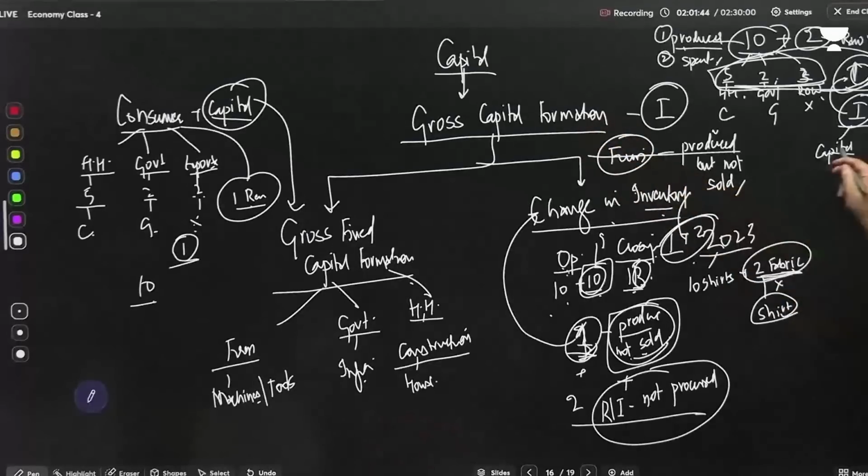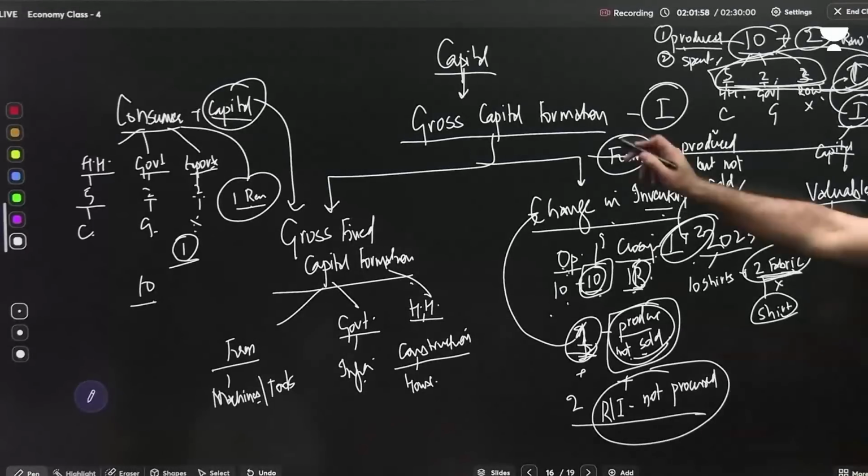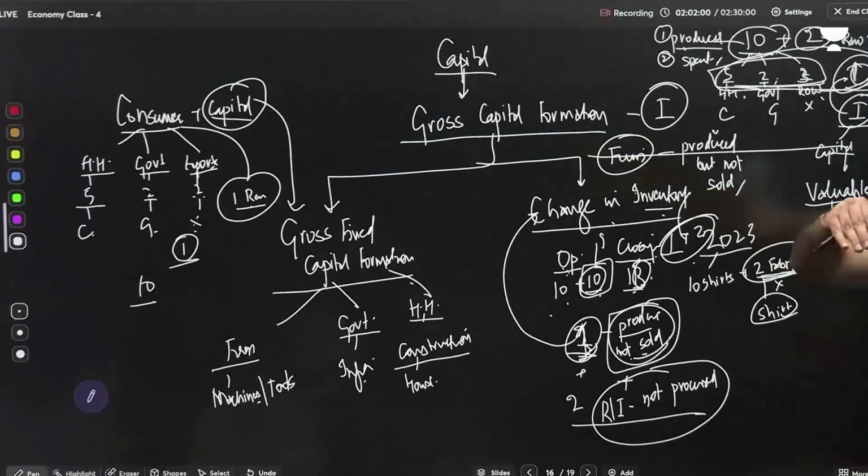These are called valuables. Households can also buy items like jewelry made of gold. Now this is not a consumer good actually. So we are counting this under, तो अगर किसी ने gold की jewelry ली, that is also counted, but that is not counted under consumption, it is counted under capital.